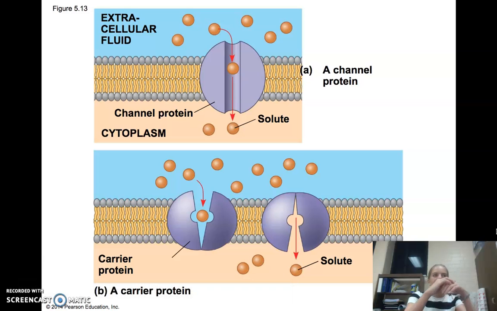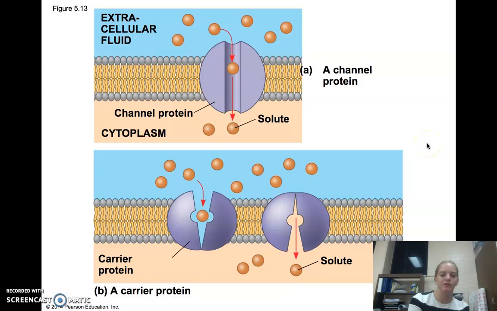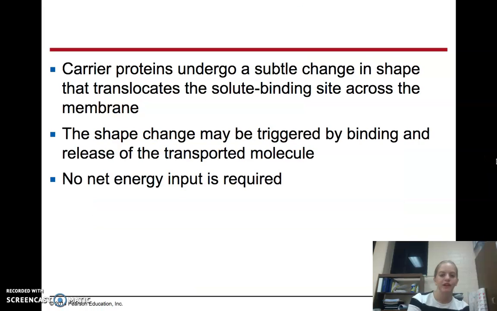Instead, they mold and change shape with the molecule, taking it in on one side and letting it out the other. But you can see this is still an example of diffusion because the molecules are moving from an area of high concentration, where there's a lot of them, to an area of low concentration, where there's fewer.